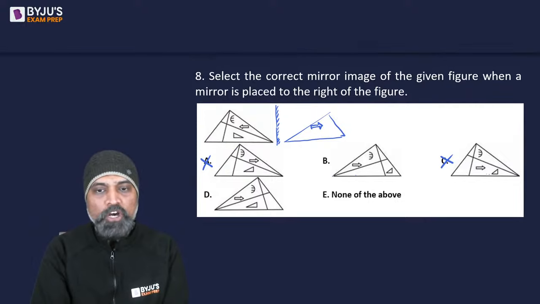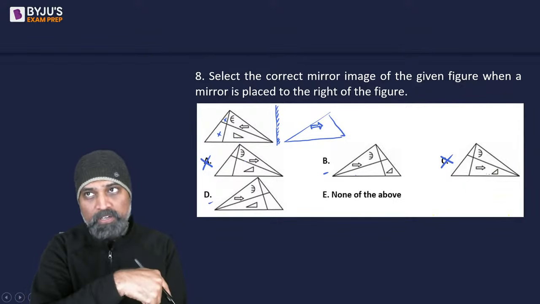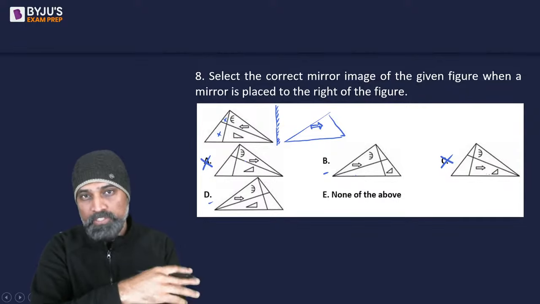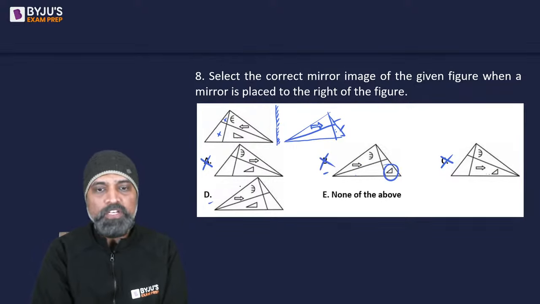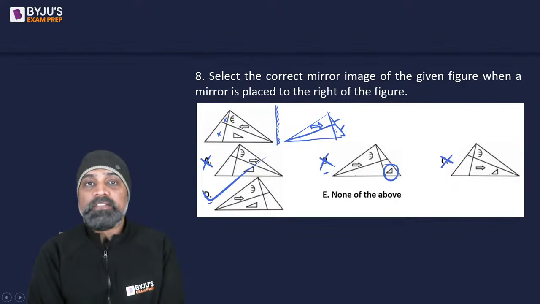Now, if I look at the options that we are left with, Bravo and Delta, you will find that in the last two regions, there is no symbol, right? So if I draw it in this way, you are not supposed to find anything here. These two should be vacant. So between Bravo and Delta, Bravo has a triangle that has moved, while in Delta, it's not. So Delta becomes our answer.